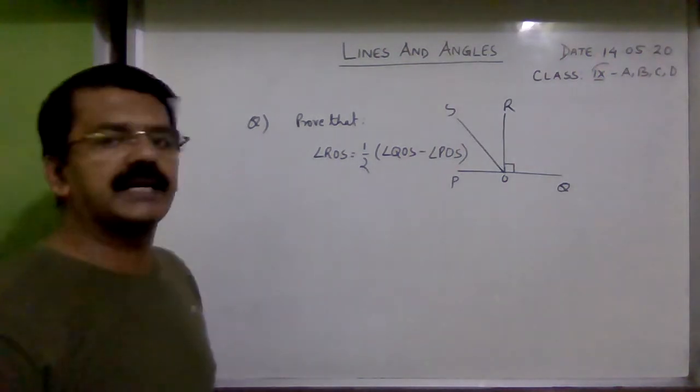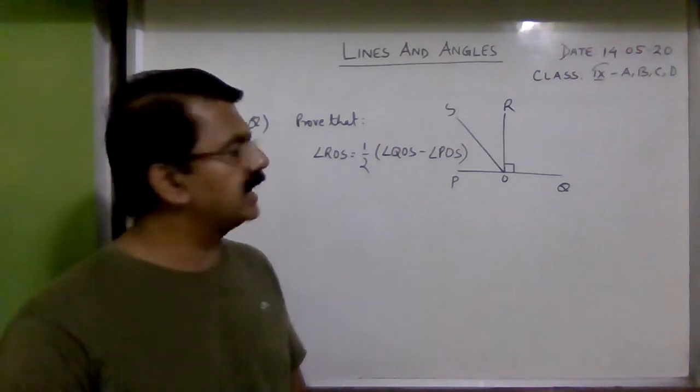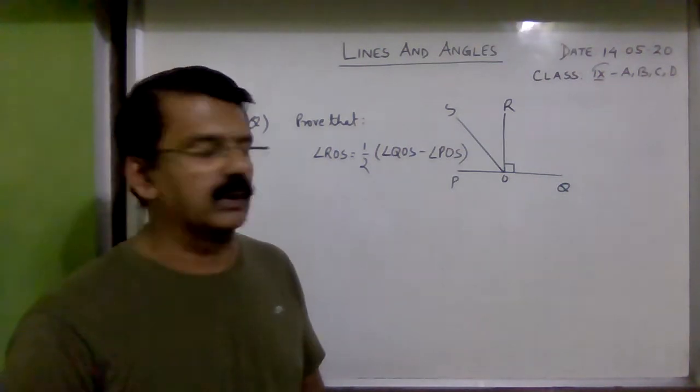You have to prove that angle ROS is equal to half of angle QOS minus angle POS.